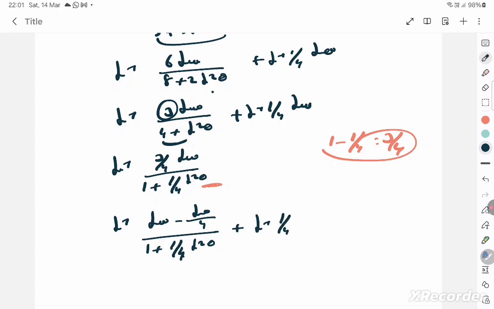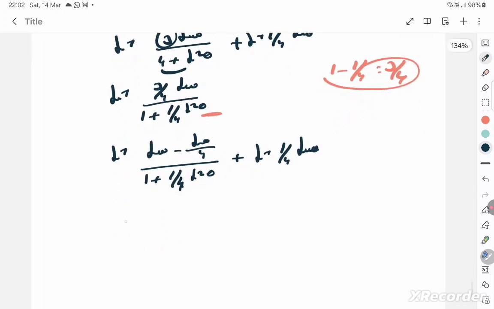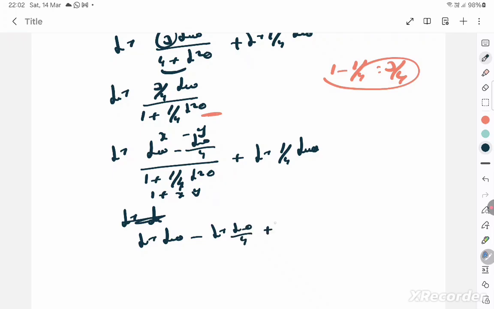Plus tan inverse of 1 by 4 into tan theta, which itself is tan inverse of tan A minus tan B by 1 plus tan A tan B, which is tan A minus tan B. Can I write it as x minus y by 1 plus xy? So then can I write it as tan inverse of tan theta minus tan inverse of tan theta by 4? And this is tan inverse of tan theta by 4. Isn't this getting cancelled? This is tan inverse of tan theta, so the answer is theta.